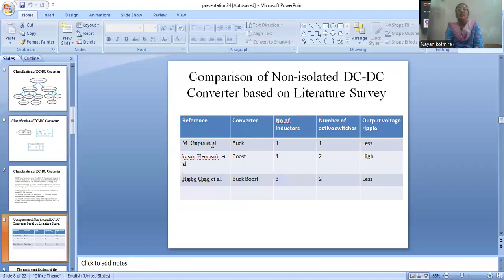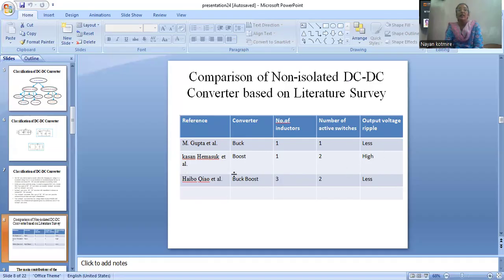From the literature survey, the buck converter used in reference number 16 requires a single inductor and a single active switch, and they found less output voltage ripple. Reference number 17 designed the boost converter with a single inductor and two active switches, and they found high output voltage ripple.